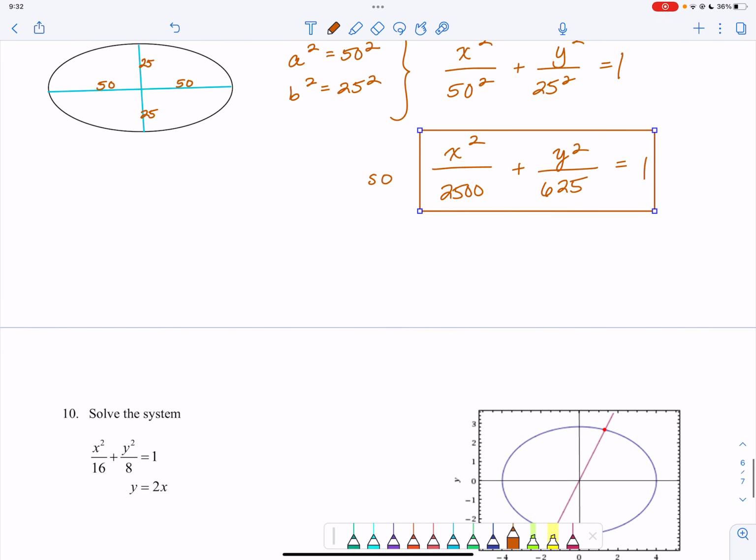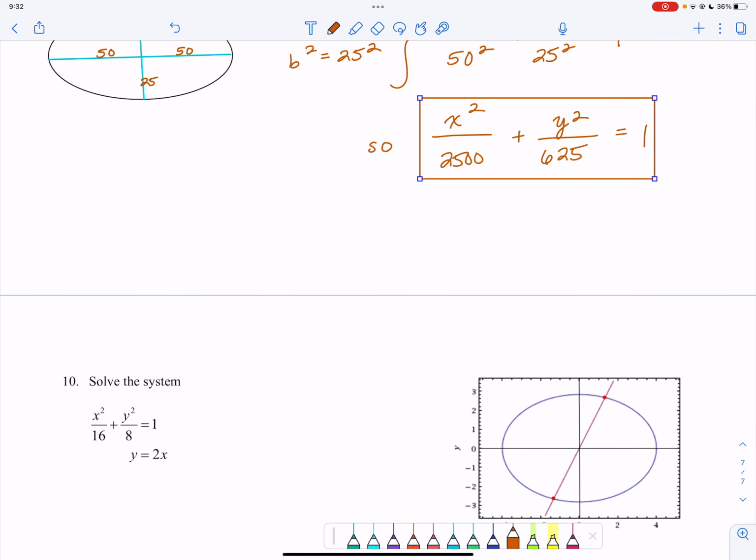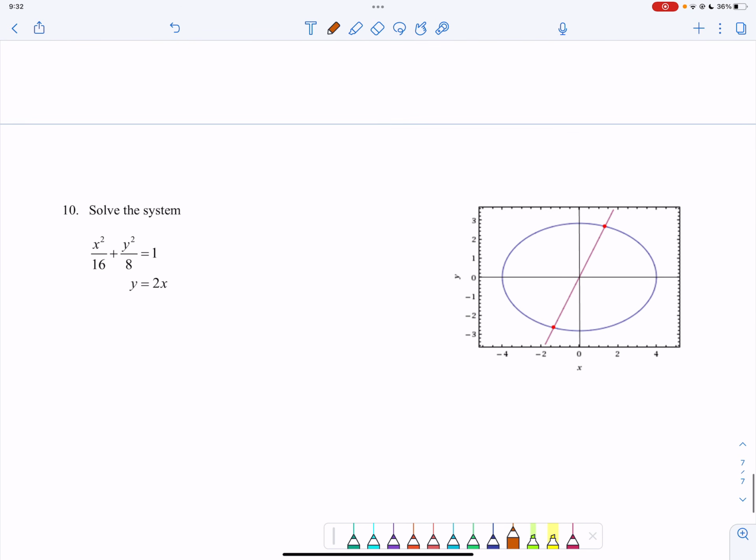Okay. Finally, we're going to learn how to solve this system. So we are wanting to find these two values right here. There's a point here and a point here where the line y equal to 2x, that's what this line is, intersects with this ellipse.